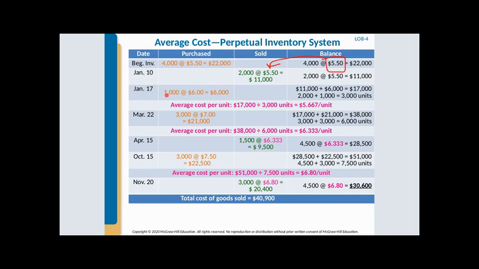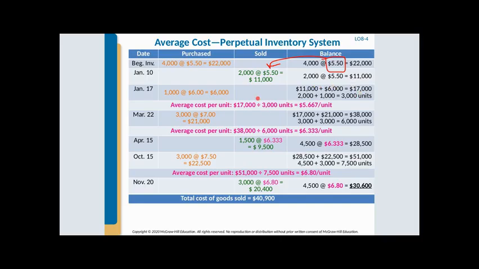January 17th, we purchased 1,000 units. All right. Since we have a purchase, we're going to calculate the average cost per unit. So we have 3,000 units available in our inventory at a cost of $17,000.